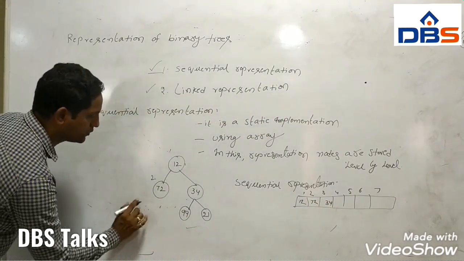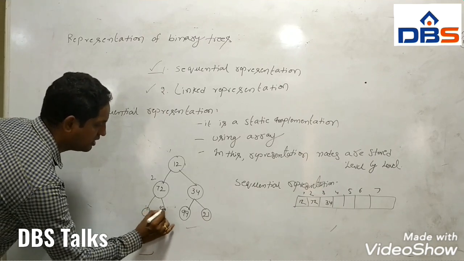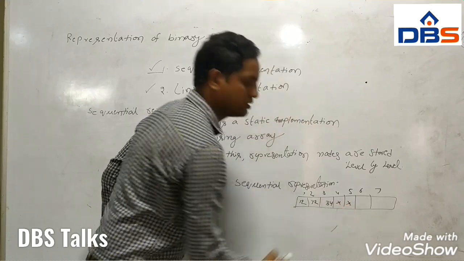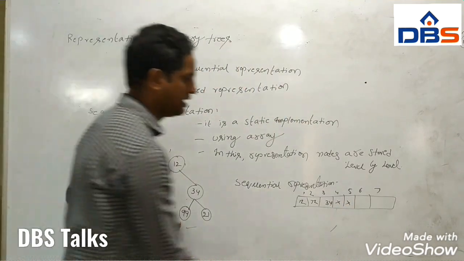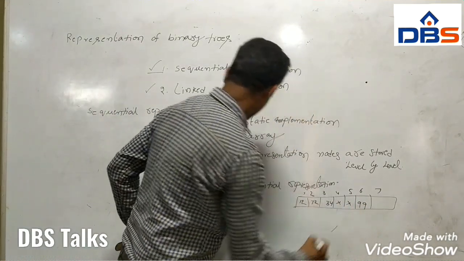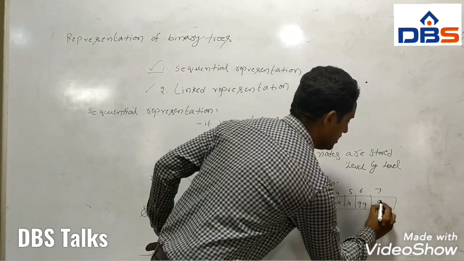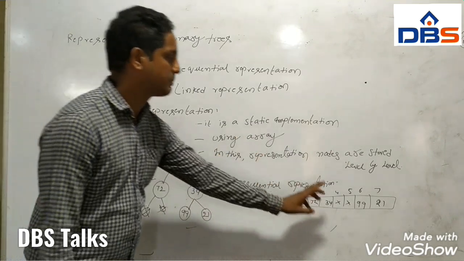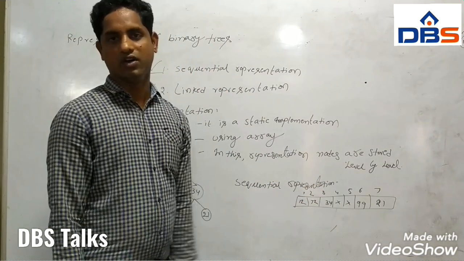Here there is no 4 and 5 nodes. These are nulls. Sixth node is 99, and the next one is 21. Like that we can sequentially represent the nodes.